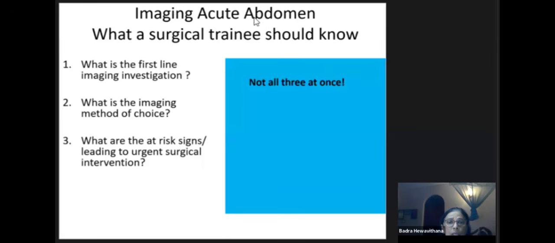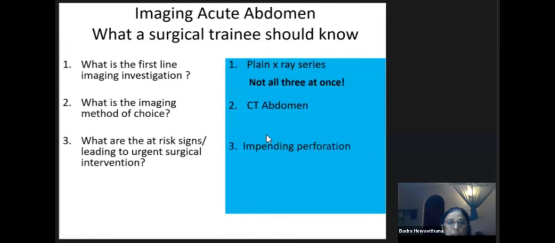We are talking about acute abdomen. So what is the first line imaging investigation? Plain X-ray series, but as I said before, not all 3 at once. So what is the imaging method of choice? CT abdomen. So if the plain X-rays are not revealing, you have to go for CT abdomen, or even if they are giving a certain diagnosis, you may need some more information. So you have to go for the imaging method of choice.